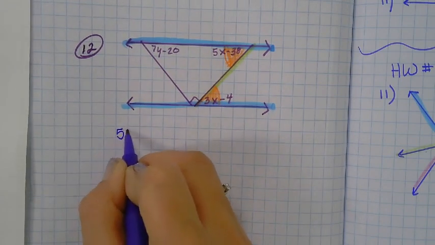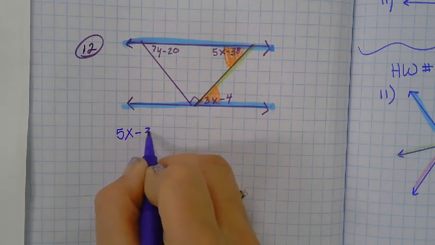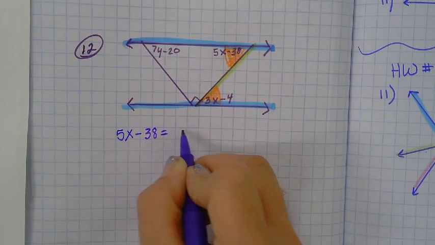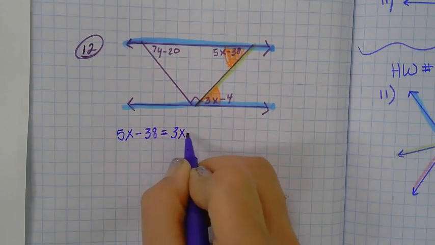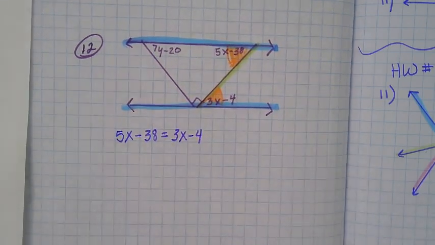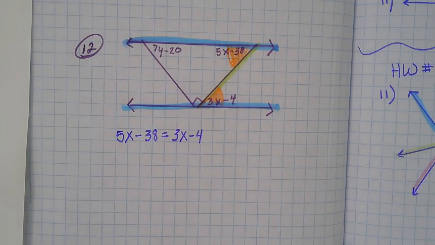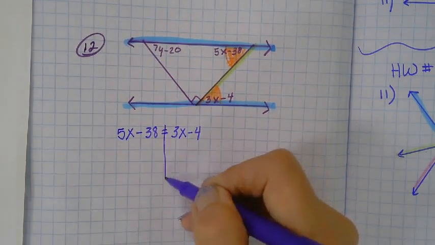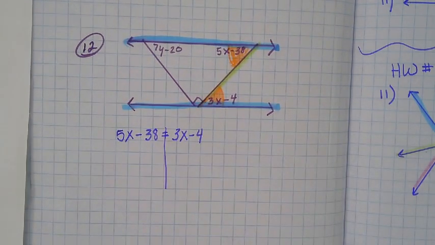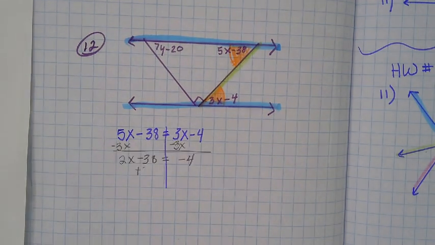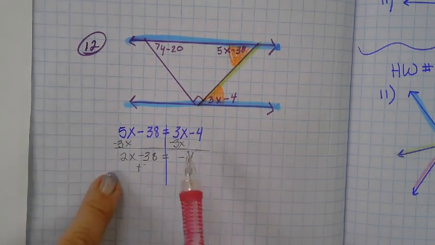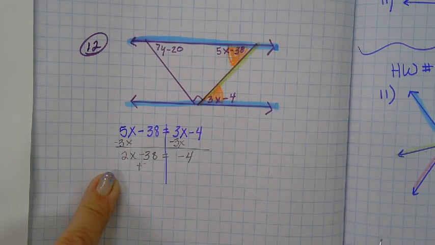So to solve for x, we're going to do 5x minus 38 equals 3x minus 4. Solve that for x. So I'll give you a minute or two to do it. So we're going to start subtracting 3x from both sides.